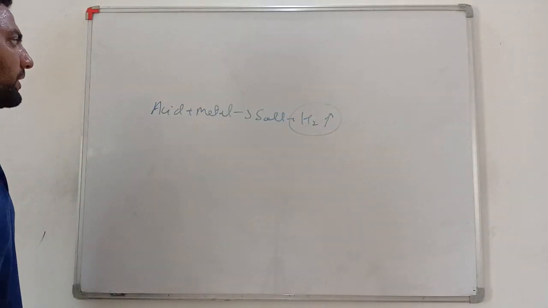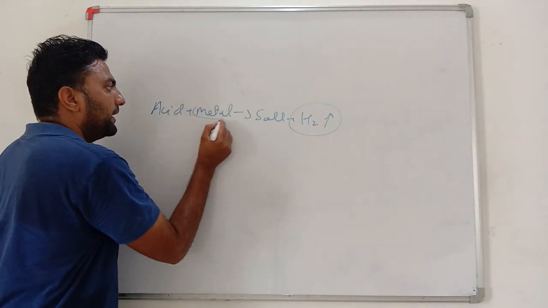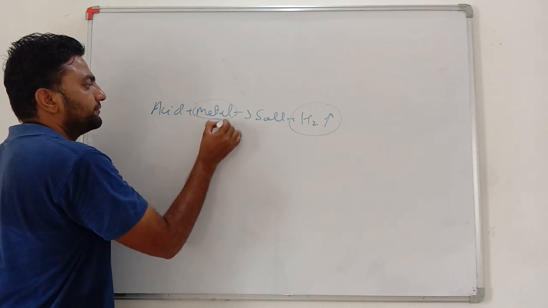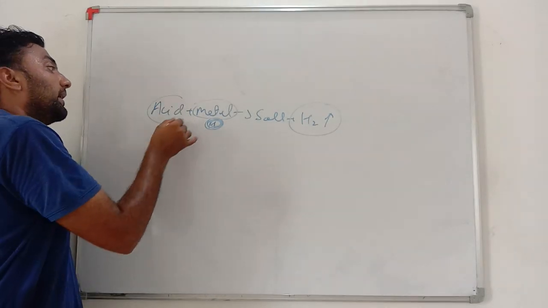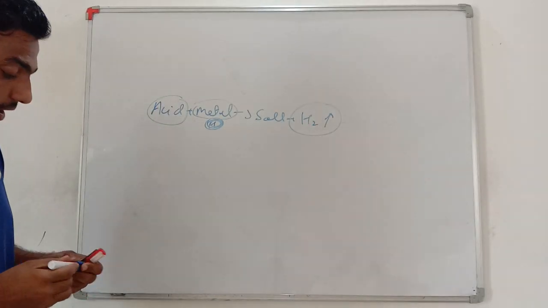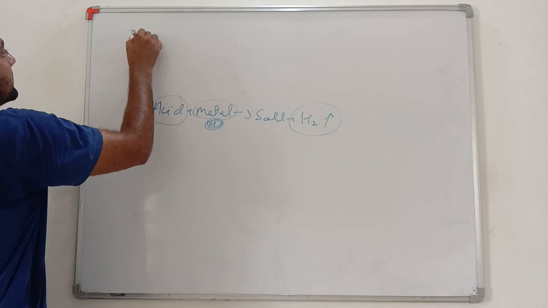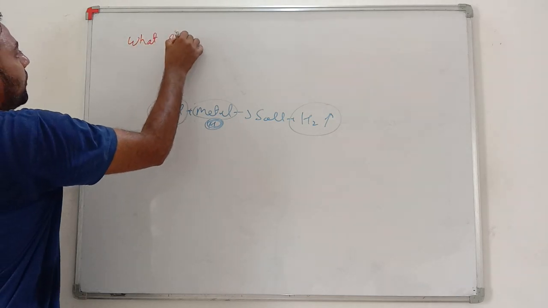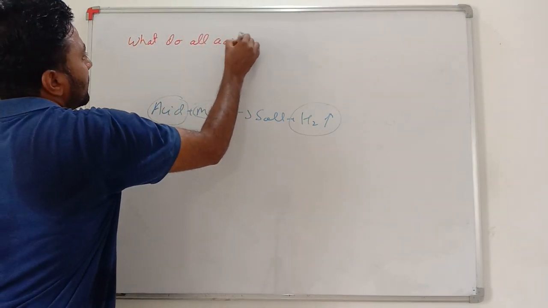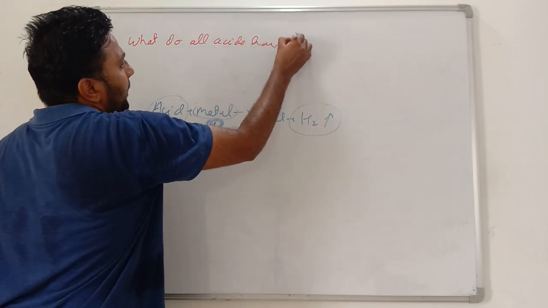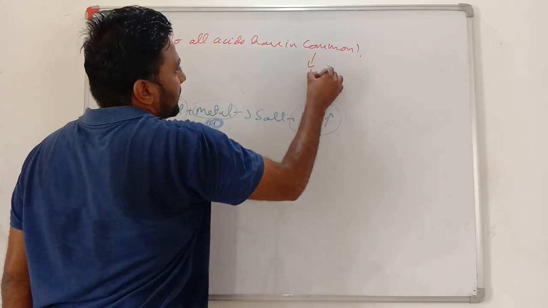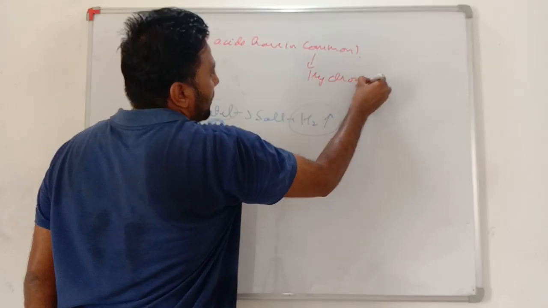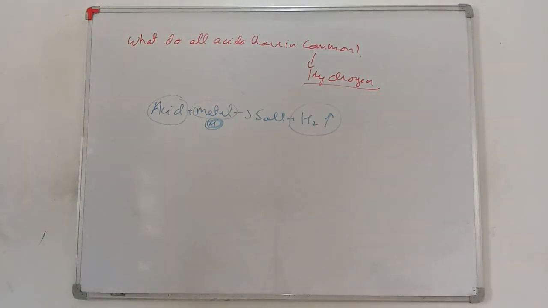It means in the product, if I am getting hydrogen, it means the acid is having hydrogen. So very important, what do all acids have in common? The answer is hydrogen. All acids have hydrogen in them. Very important thing.